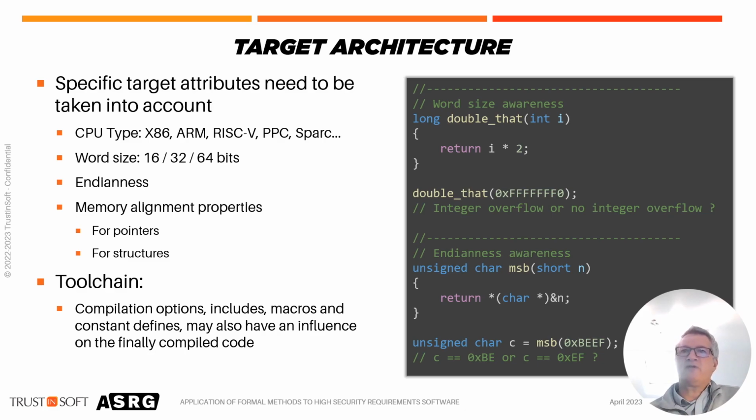If I call it with 0xBEEF, depending on the endianness, as output I can get 0xBE or 0xEF. Therefore I can only determine the value of the variable C and its usage for the next statement depending on whether I know the endianness of the target or not.